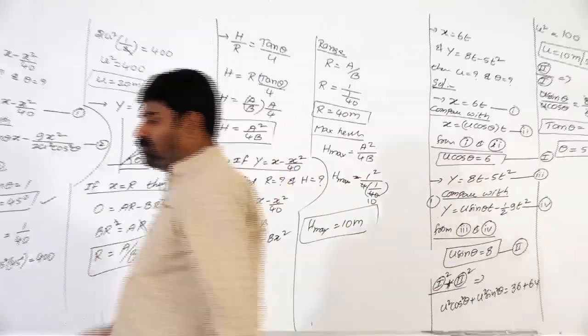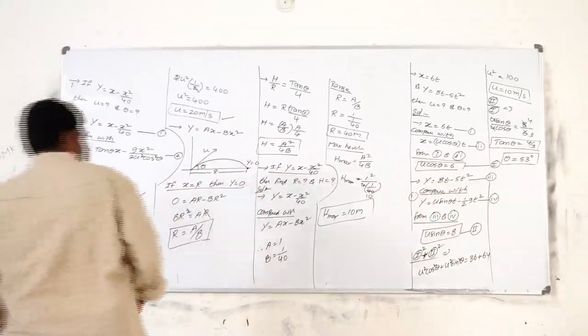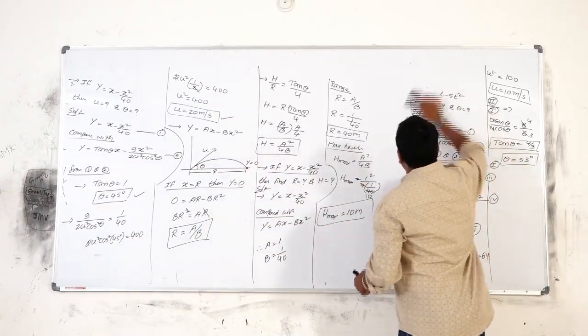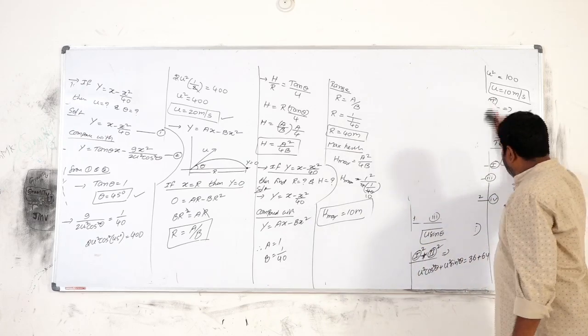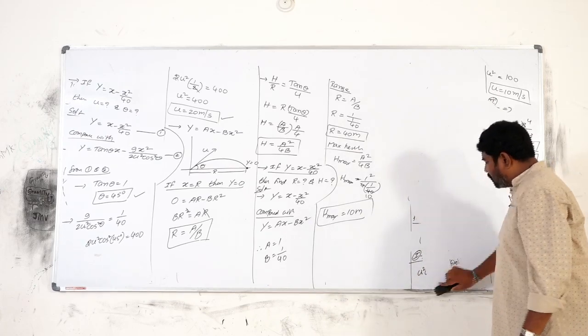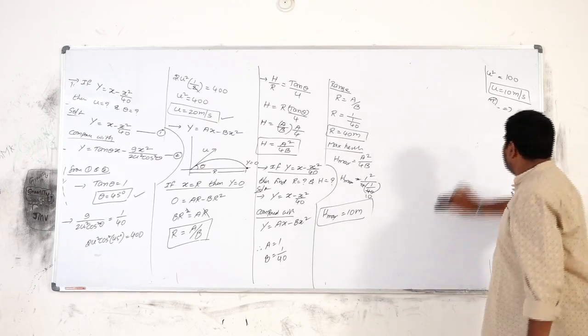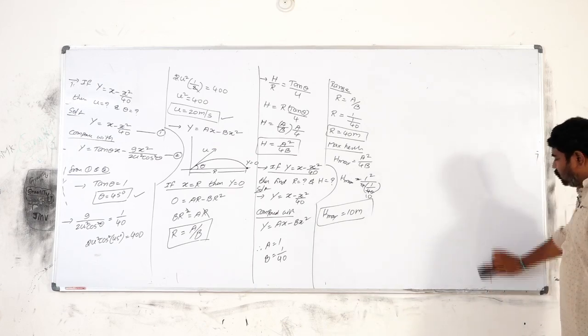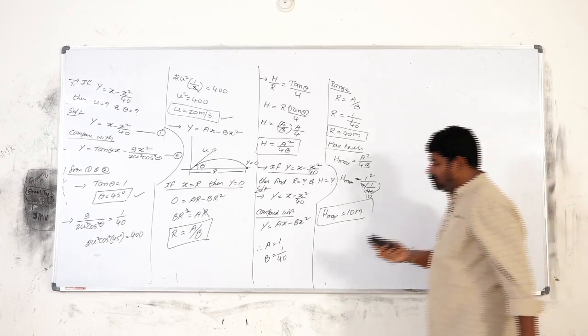This is about the relation between R and H. Next, range is maximum at an angle of 45 degrees. The formula for the range is R is equal to U square sin 2 theta by g.